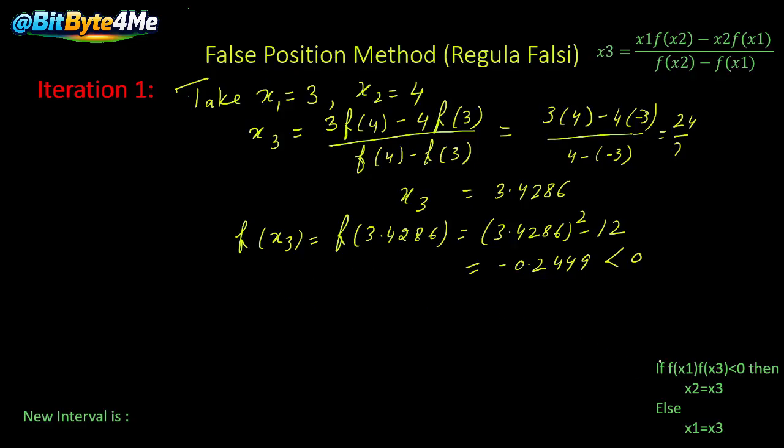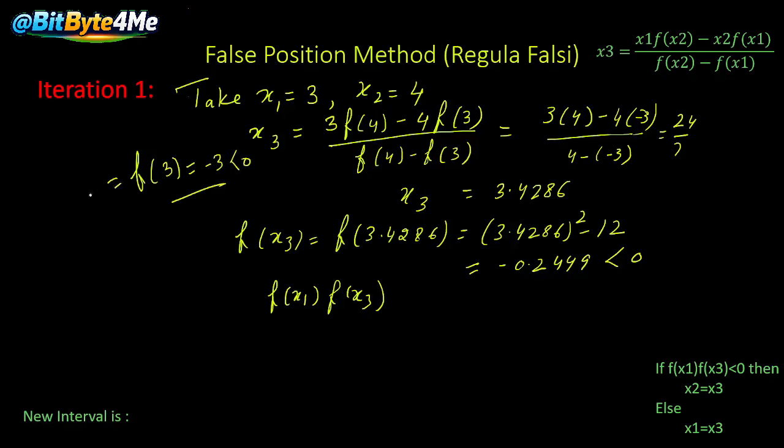So we will have to check according to this rule whether f(x1) into f(x3) is negative or positive. f(x1), which we have calculated previously, that is f of 3, is equal to minus 3, which is less than 0.